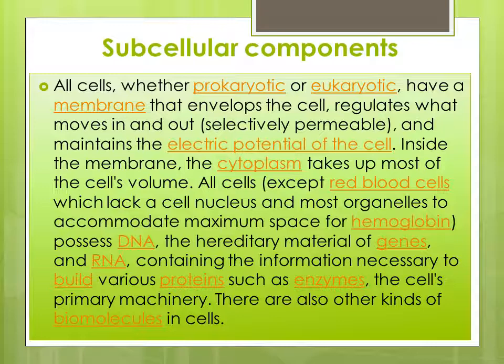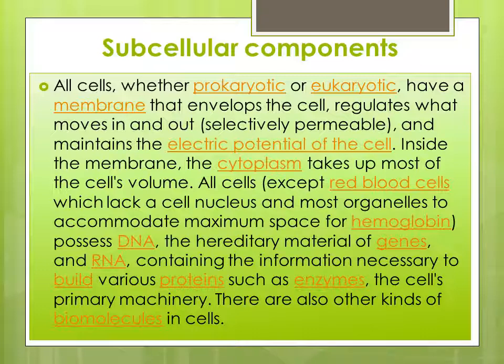So the first question is subcellular component. All cells, whether prokaryotic or eukaryotic, have a membrane that envelops the cell, regulates what moves in and out, and maintains the electric potential of a cell. Inside the membrane, the cytoplasm takes up most of the cell volume.